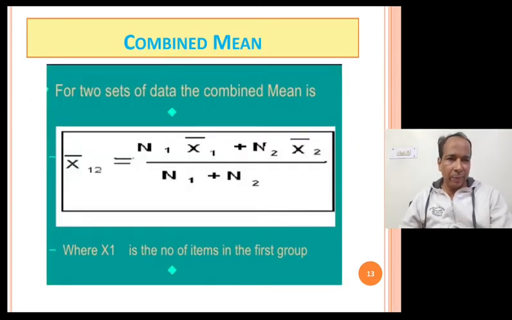Now, combined mean. Many times there is more than one group, more than one sample, and for every sample you can calculate an arithmetic mean.